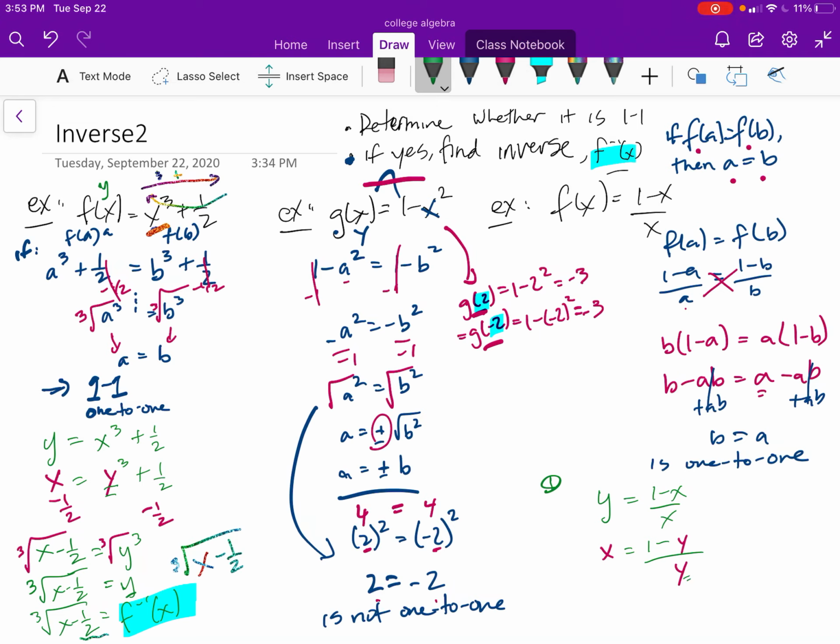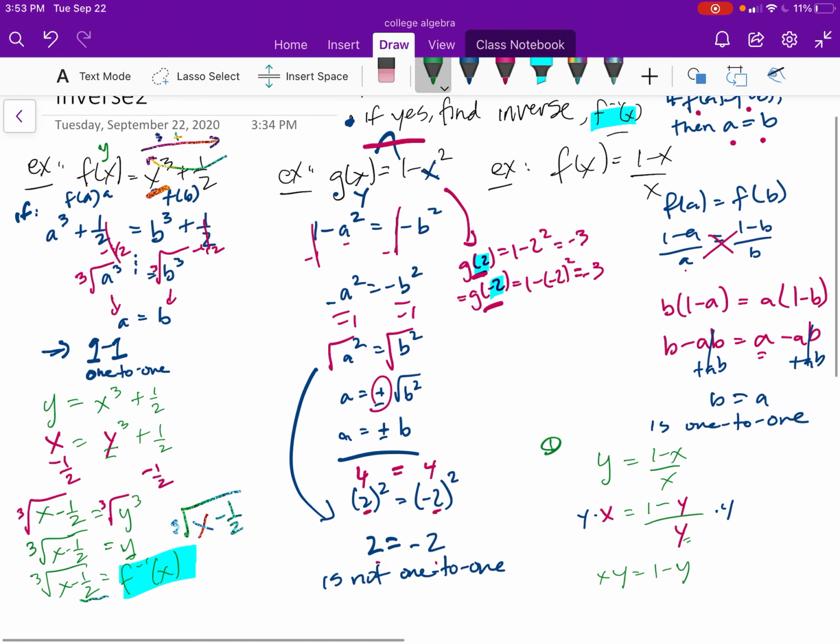Now our goal is to solve for y. We want this as a function. So I'm just going to multiply both sides by y. So we have xy equals 1 minus y. Now we have two y's, so the trick to solve for that is to group them all on one side. So I'm going to add y to the other side.